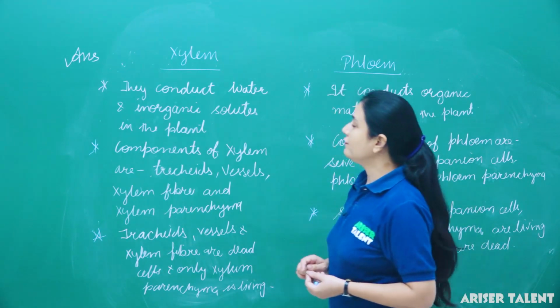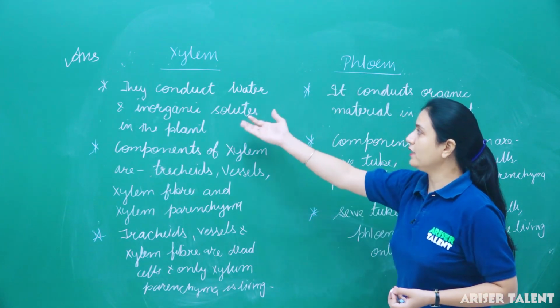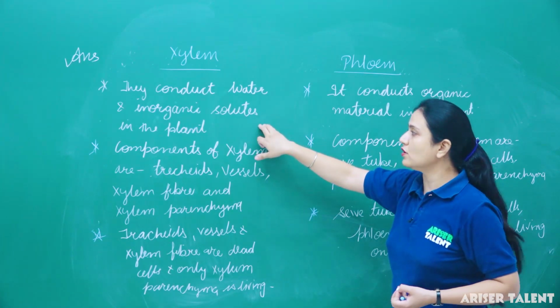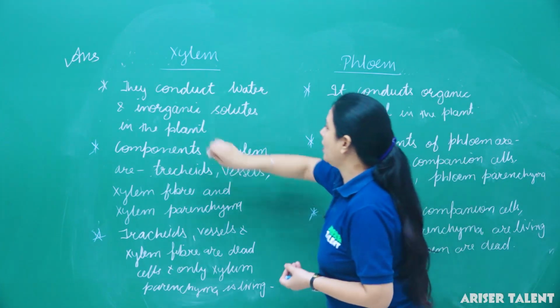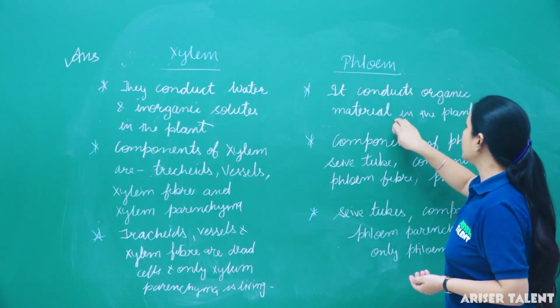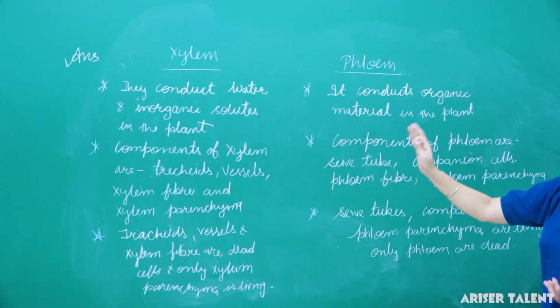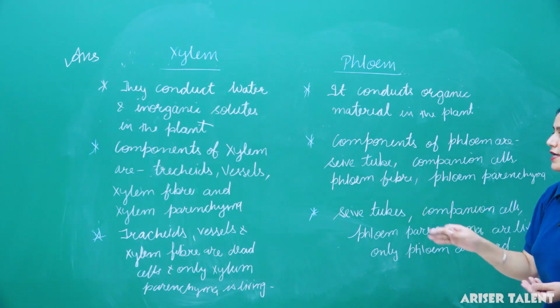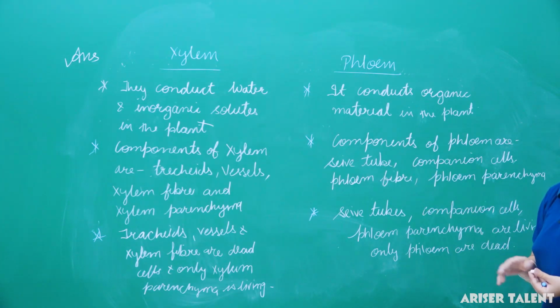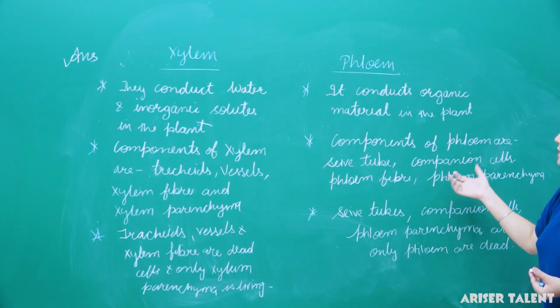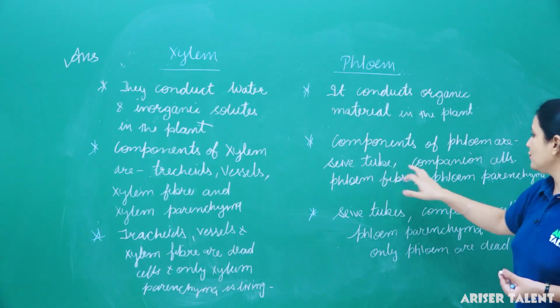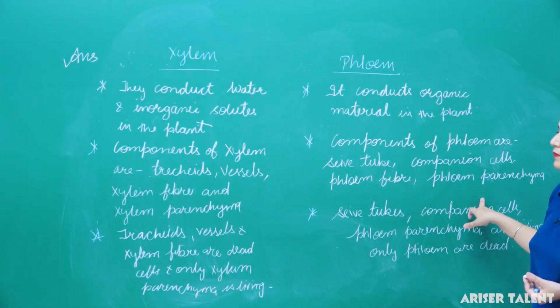So what are the differences between xylem and phloem? They conduct water and inorganic solutes in the plant, and the phloem conducts organic material in the plant. The components of xylem are tracheids, vessels, xylem fiber and xylem parenchyma. In the phloem, the components are companion cells, sieve tubes, phloem fiber and phloem parenchyma.